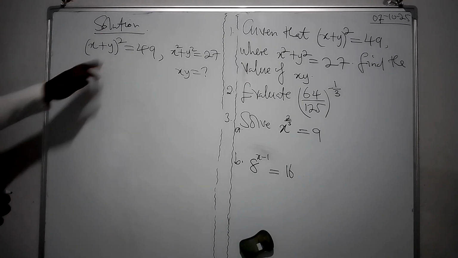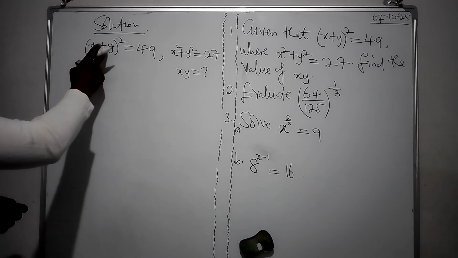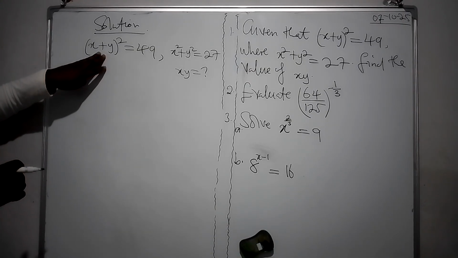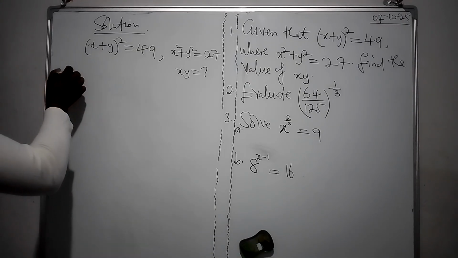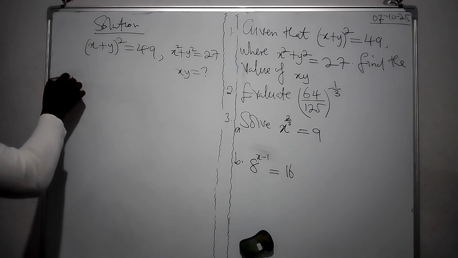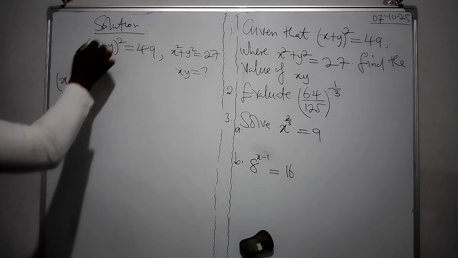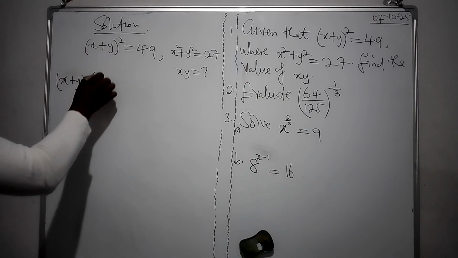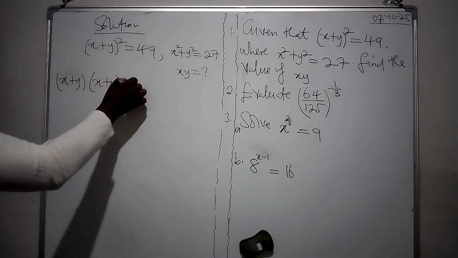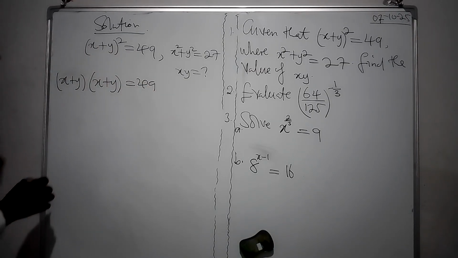So this one, we know that (x + y) raised to the power 2 means the bracket is multiplied by itself, so we can say (x + y) multiplied by (x + y) is equal to 49.